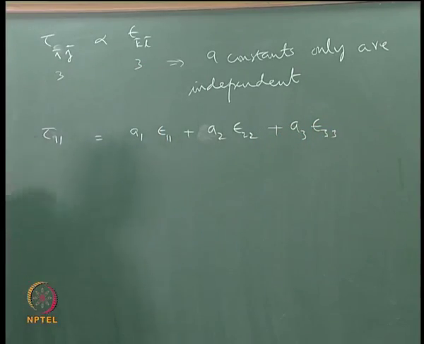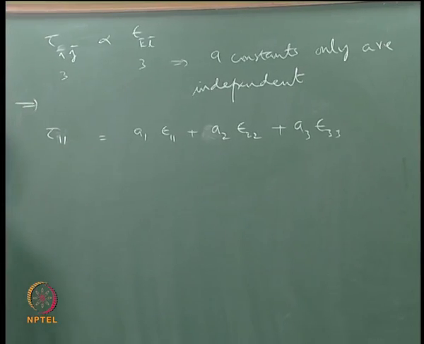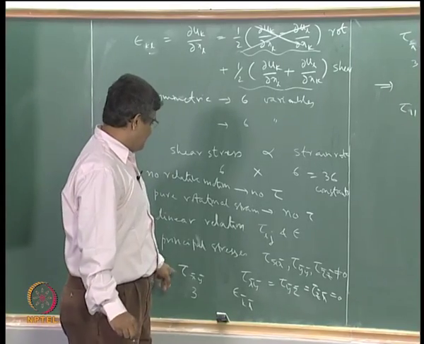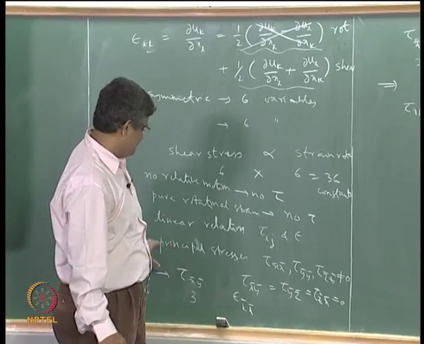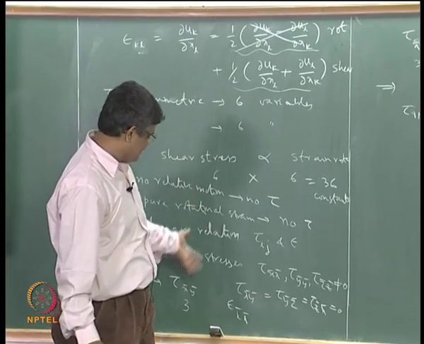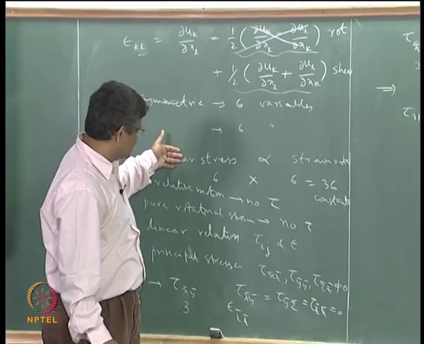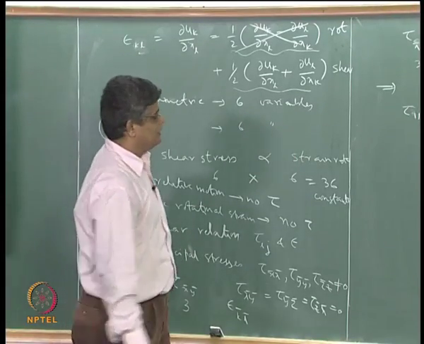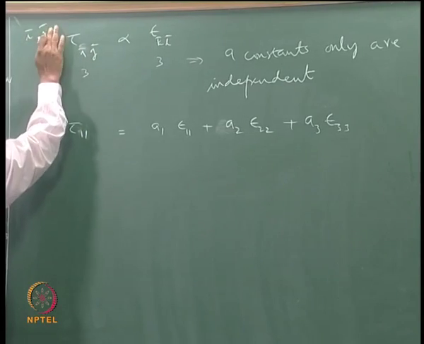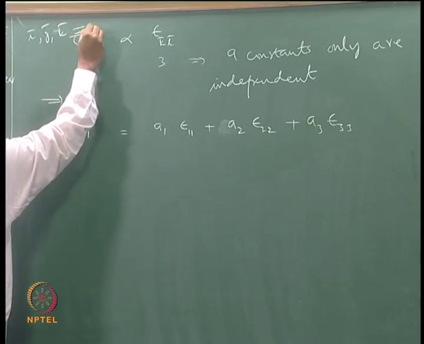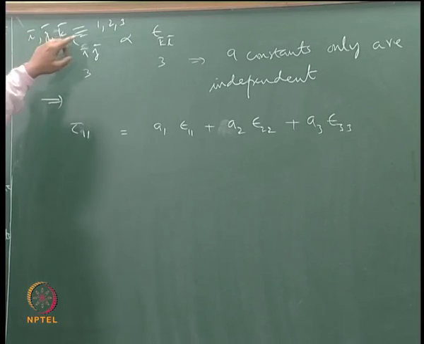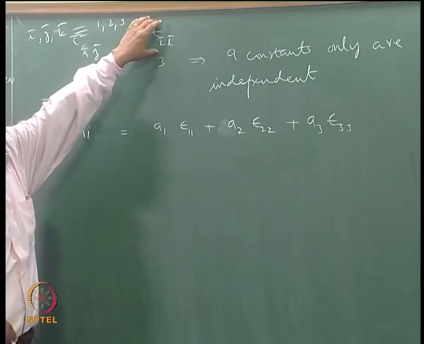We should also realize that if we are seeking a linear relation between these stress tensors, then it is necessary that the principal axes of the stress tensor and the strain rate tensor must coincide. So, the 1 2 3 directions, these are the 3 principal directions, and they must be the same for the stress as well as the strain rate tensor.